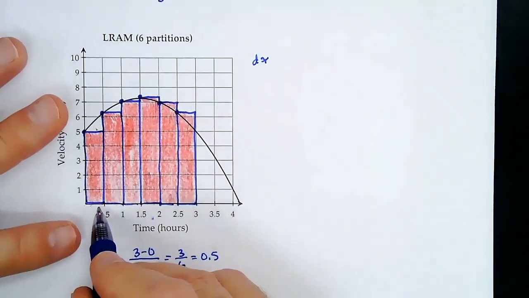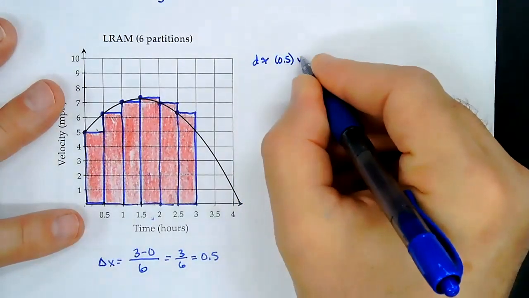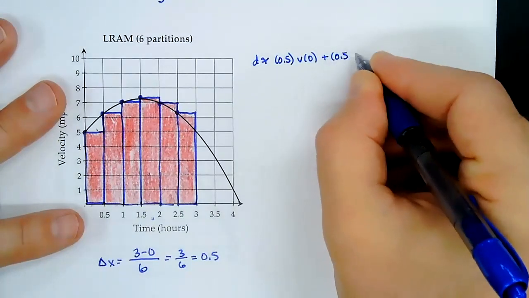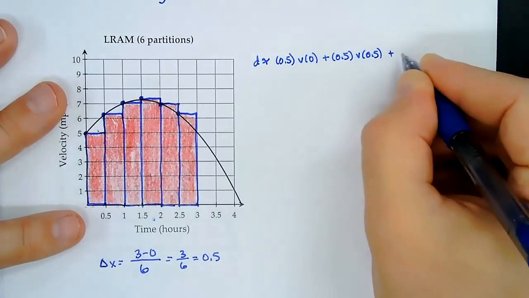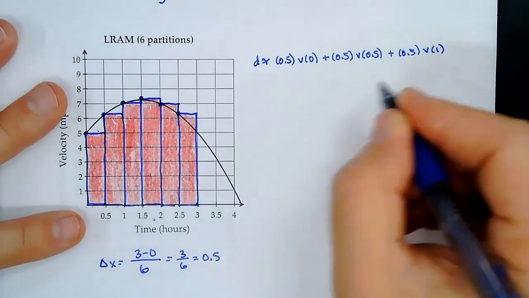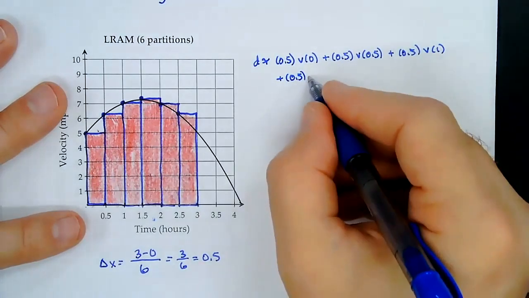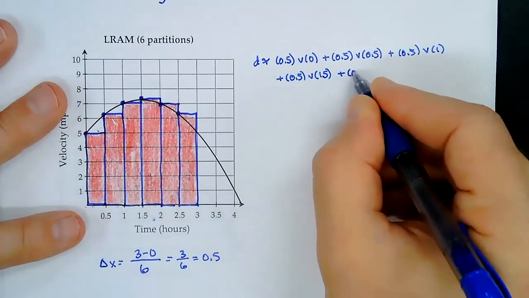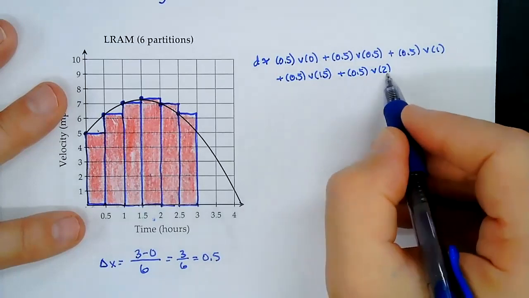So the width of this rectangle is going to be 0.5 times V of 0, plus 0.5 times V of 0.5, plus 0.5 times V of 1, plus 0.5 times V of 1.5, plus 0.5 times V of 2, and these are going to go up by 0.5 each time.